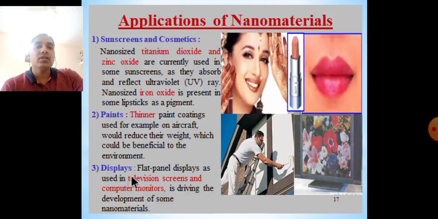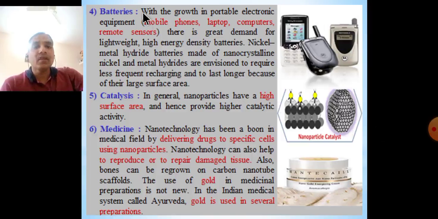Third, displays. Flat panel displays as used in television screens and computer monitors are driving the development of some nanomaterials. Fourth, batteries. With the growth in portable electronic equipment like mobile phones, laptops, and remote sensors, there is great demand for lightweight, high energy density batteries.